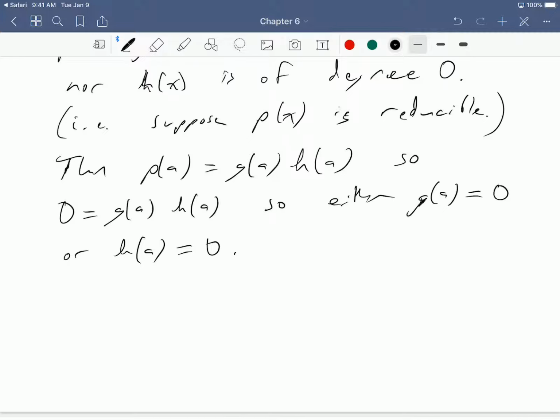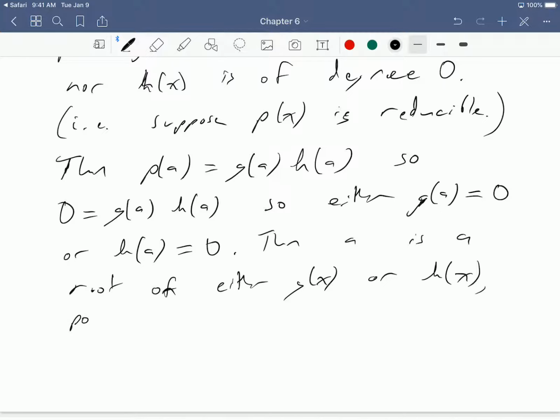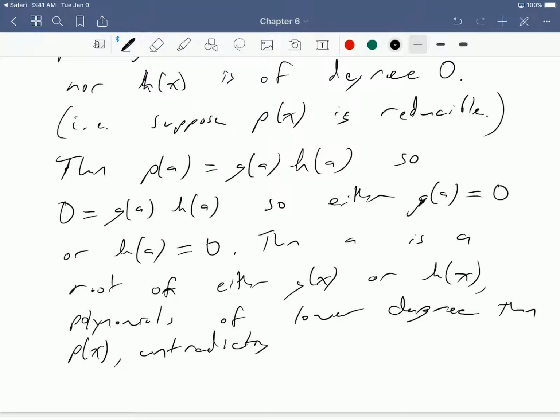And so this means that A is a root of either g of x or h of x, which are both polynomials of lesser degree than p of x, contradicting the minimality of p's degree.